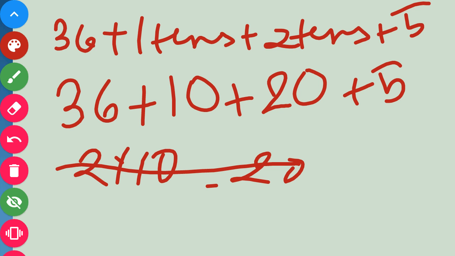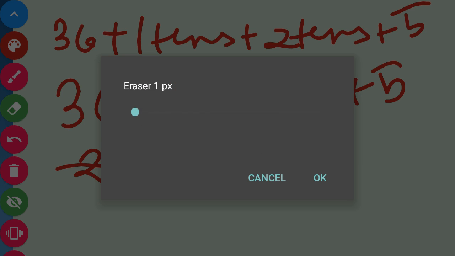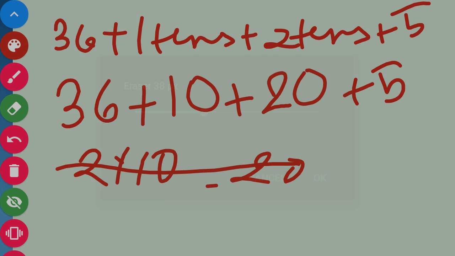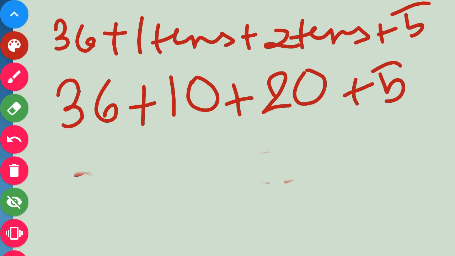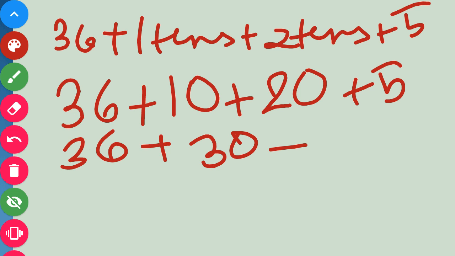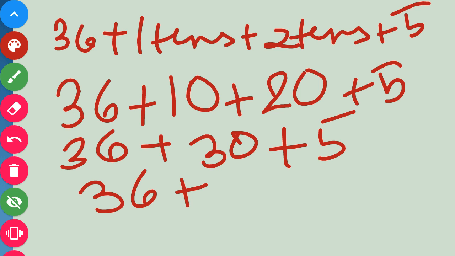Let me erase this. So 36 plus 10 plus 20 will give us, 20 plus 10 will give us 30, plus 5. Now 36 plus 30 plus 5 will give us 35.